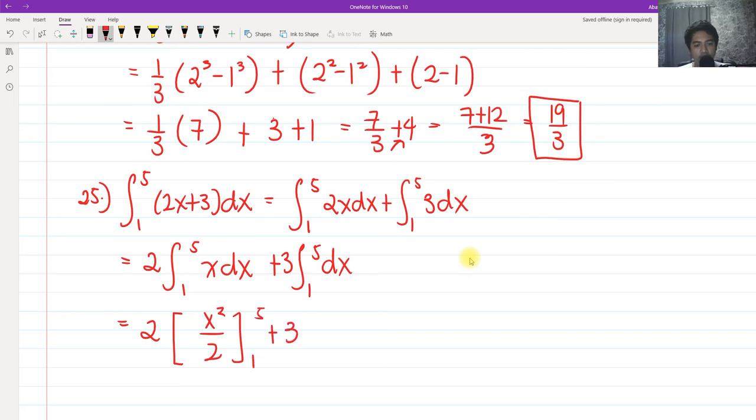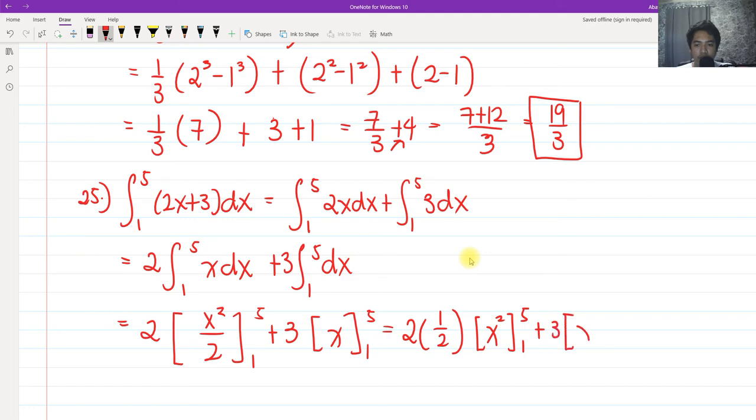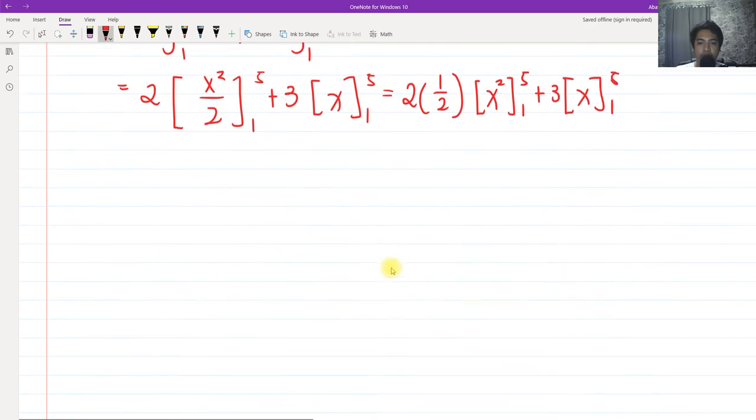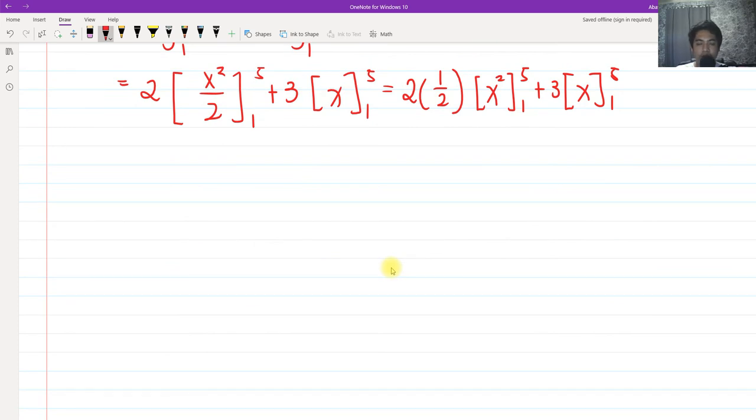Then we have 3. The integral of dx is simply x from 1 to 5. So I can factor out 1/2 here, and then we have to evaluate x squared from 1 to 5 plus 3x evaluated from 1 to 5. So this 2 times 1/2 would simply cancel out.